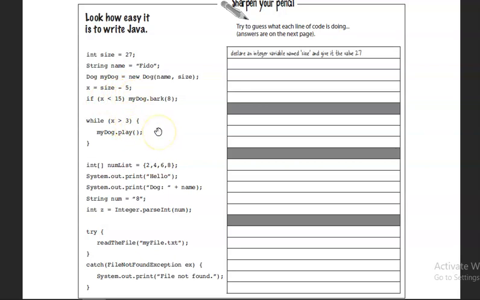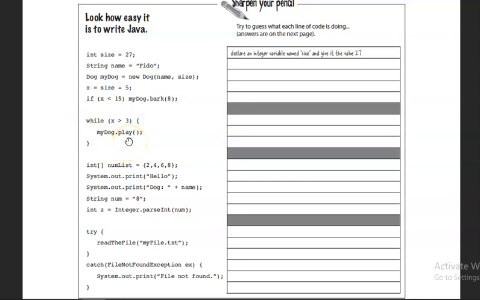Then they have given an example of how we use loops in Java. Here they have used if x is less than 15, this particular operation has to be performed. Then they have given the example of a while loop: while the value of x is greater than 3, myDog.play.